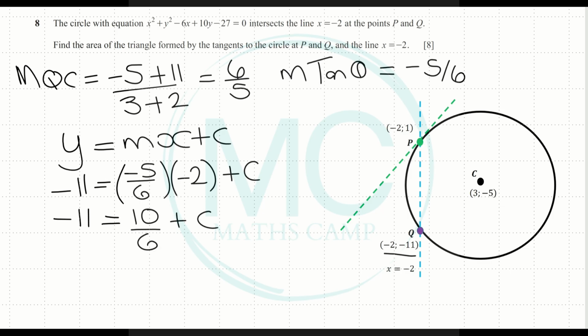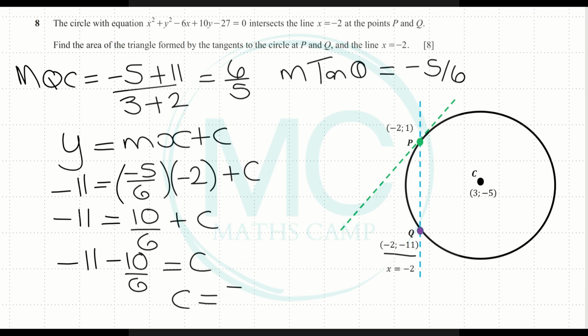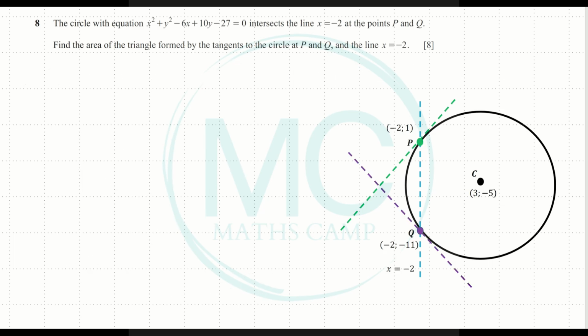Let's move the fraction to the left. -11 minus 10 over 6 is equal to c. To make this easier, let's take the calculator, and I can say -11 minus 10 over 6 is equal to -38 over 3. c is equal to -38 over 3. And now I can draw in my tangent at Q.